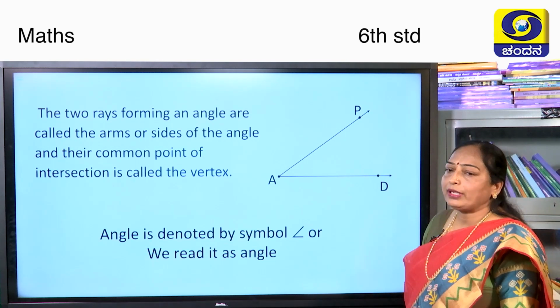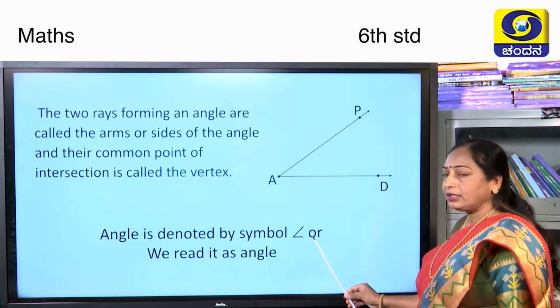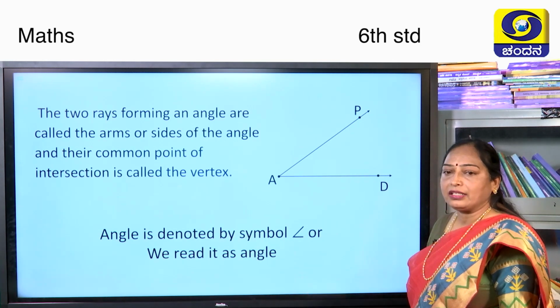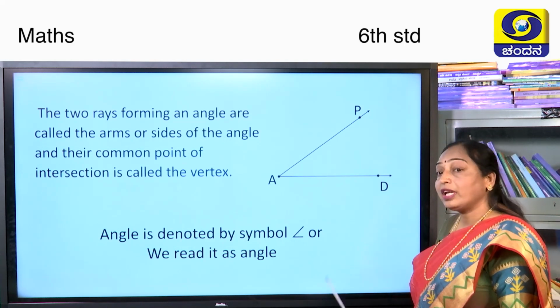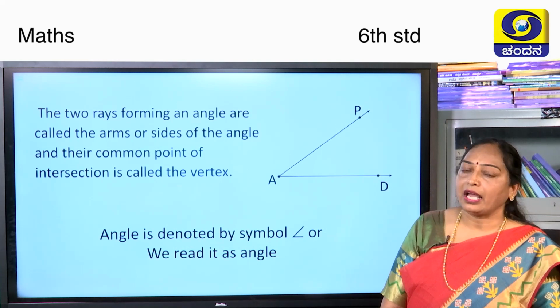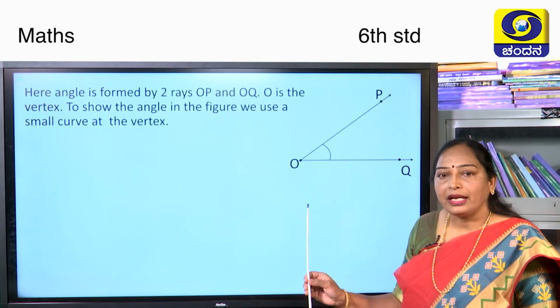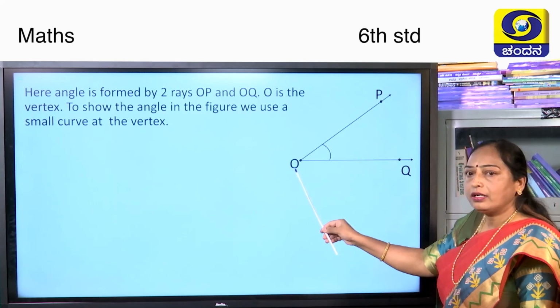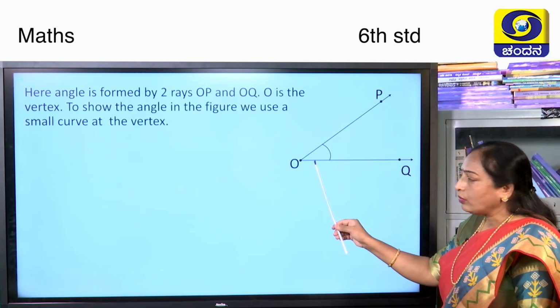Angle is denoted by this symbol, or we read it as angle. How can we read this angle? Let us learn how to read the angle. Here the angle is formed by two rays OP and OQ. O is the vertex.